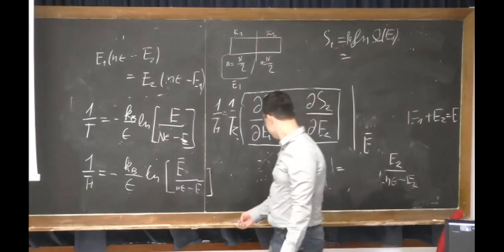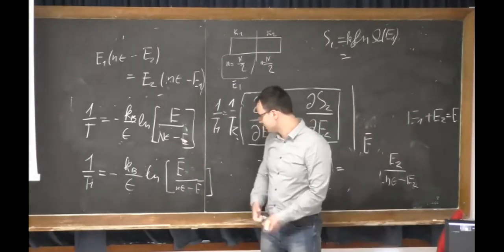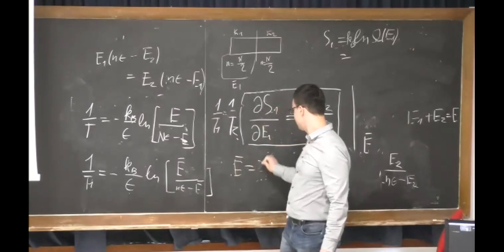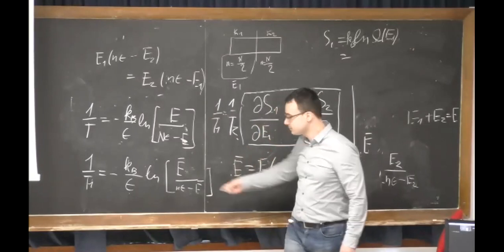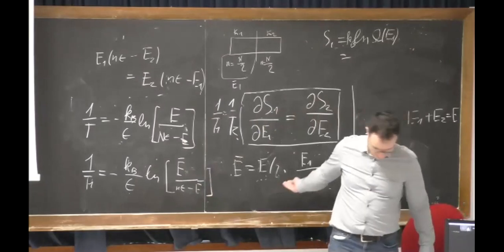Okay, that's easy to show. We can show it from this equation, since we already found that E bar equals E over 2. Can you show this? Okay, Carol.